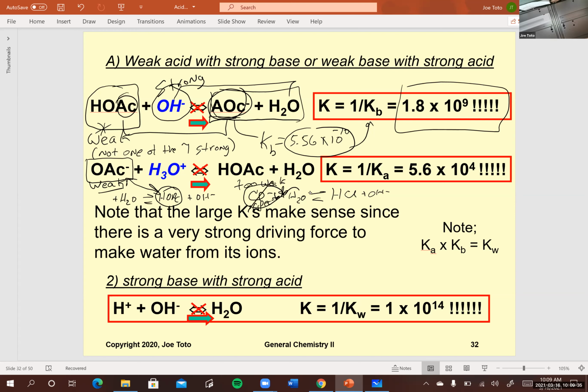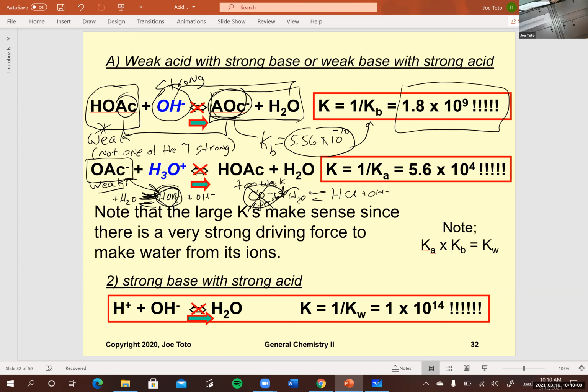So I can ignore something like that. It's a spectator. It's not going to react. I don't care what you put in there. But the acetate is going to form a little bit of weak acid. They're both weak, and so an equilibrium ensues, and I get a mixture of the two. That's what equilibrium is. It's not one way or the other.